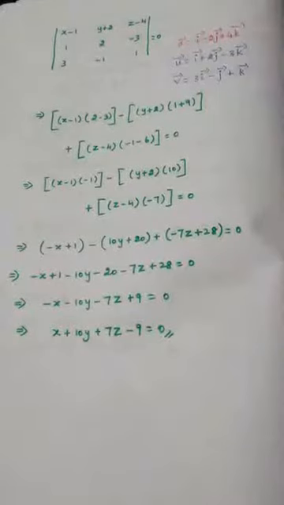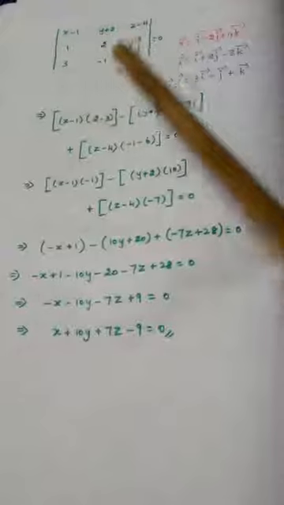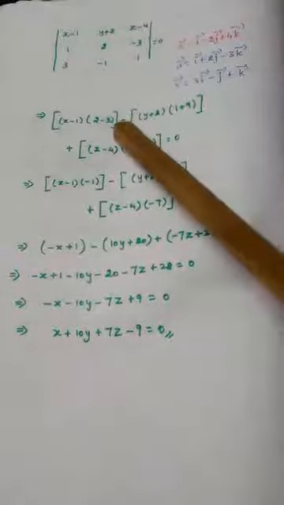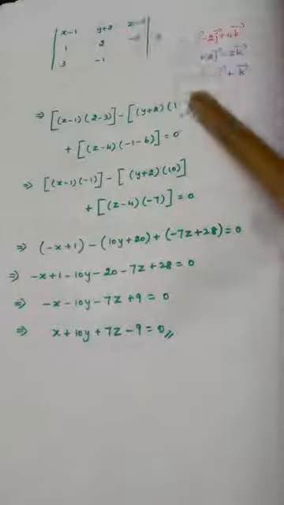The remaining thing you know, x minus 1 into just cross multiplying. For the second term we should have minus symbol, so opening a bracket, cross multiplying, you will get this.